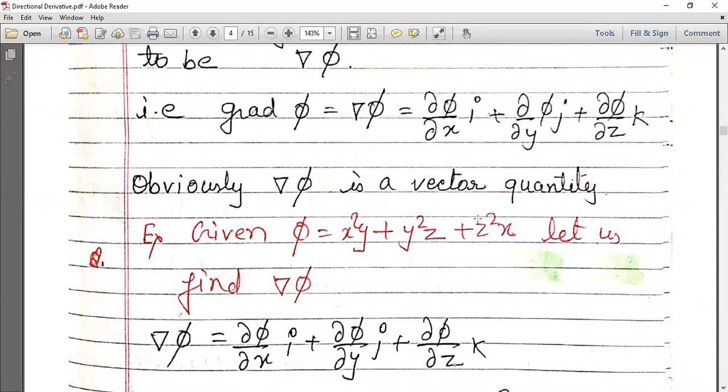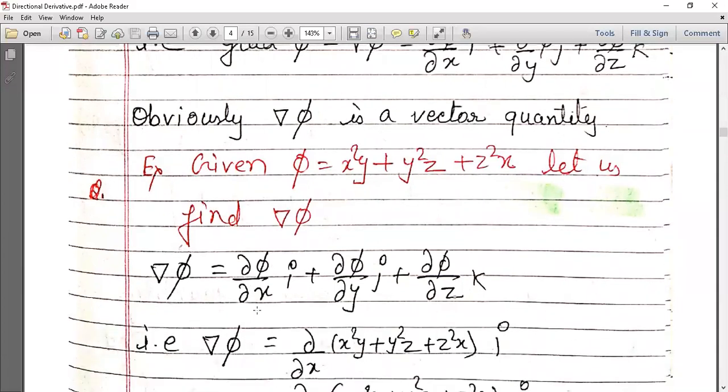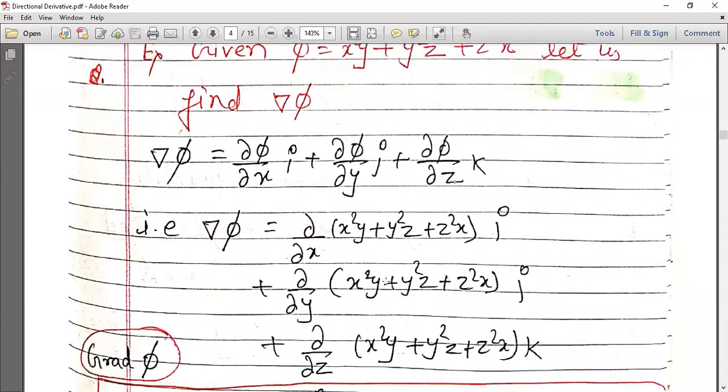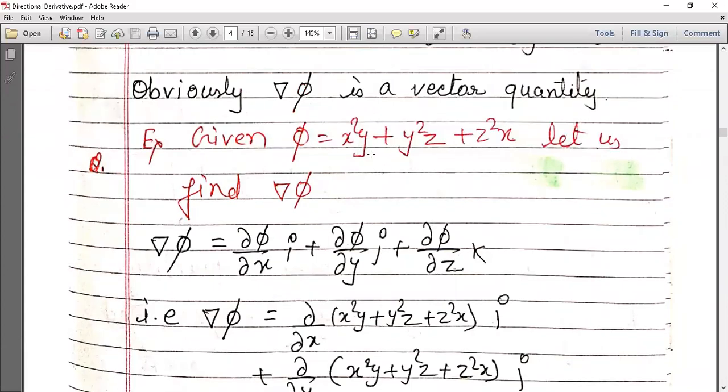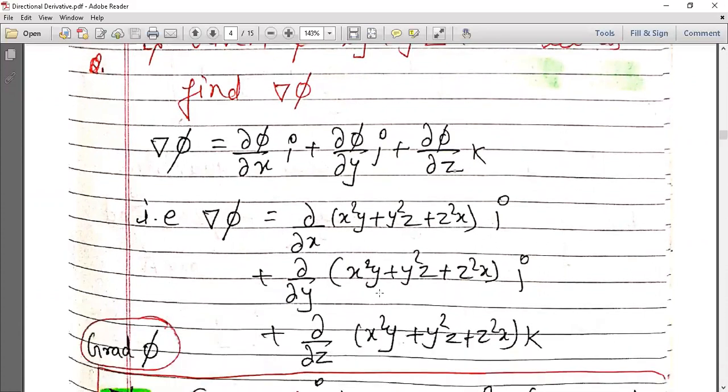Let us find grad phi, or del phi, which are the same. We apply the operator to the phi function, and the phi function can be replaced by any given function. Here the given function is x²y + y²z + z²x, so wherever we have phi, we apply the operator.